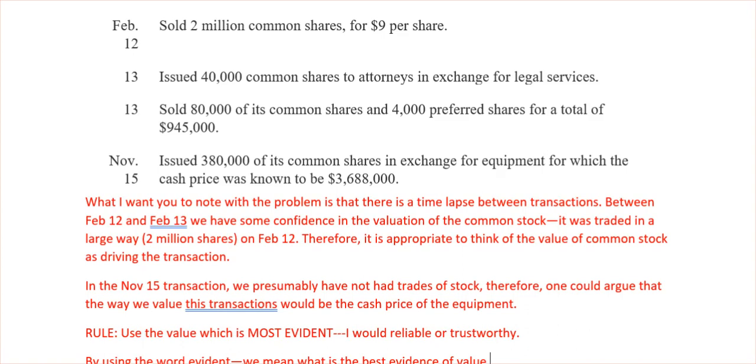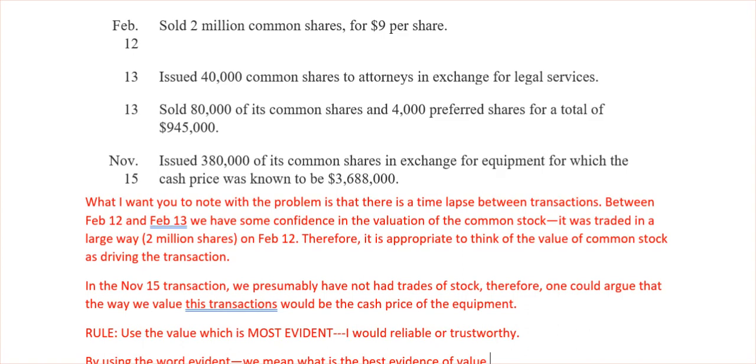The question here is, what do we do about the common value and the preferred value? Well, the common, you have some evidence of that just the day before on the 12th, and that was $9. The preferred we have no evidence of the value of those preferred shares. When you calculate this and when you do the transaction, the appropriate thing to do in this case is to say that the value of the 4,000 is a plug value.